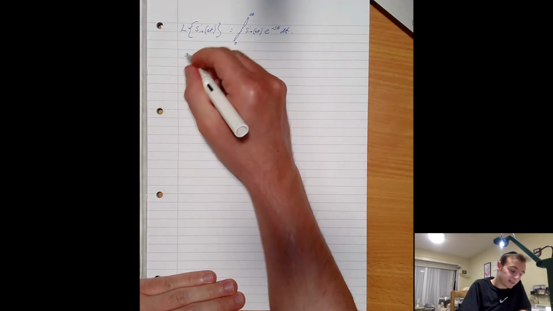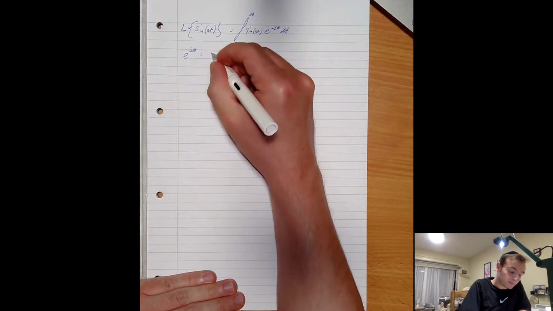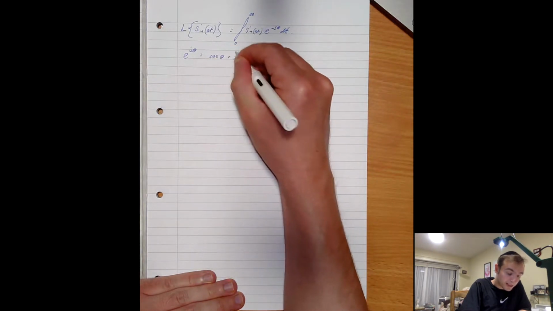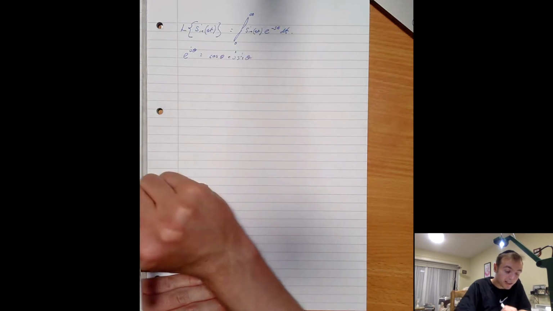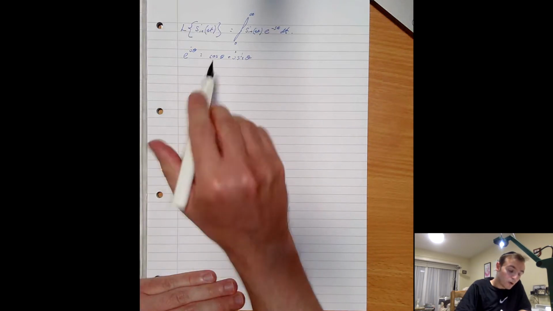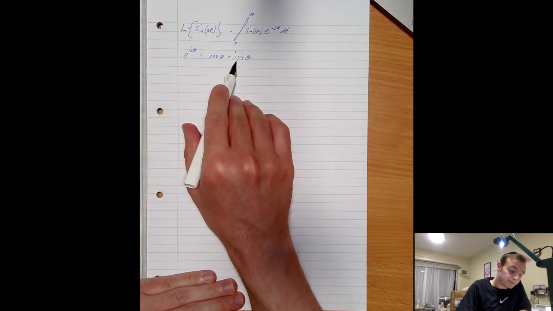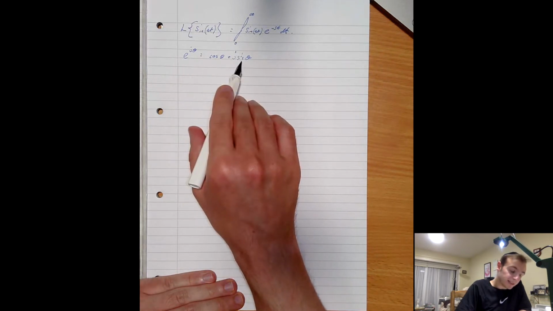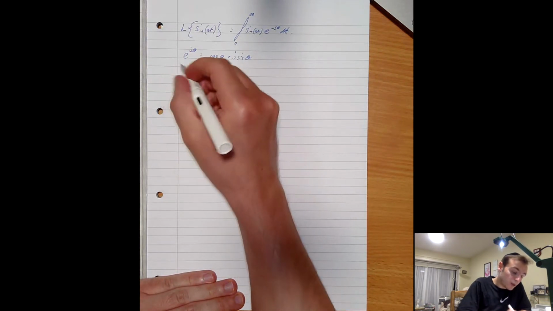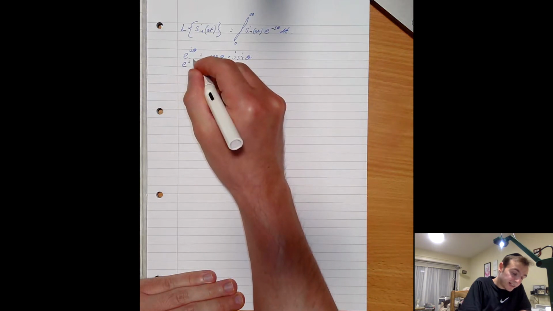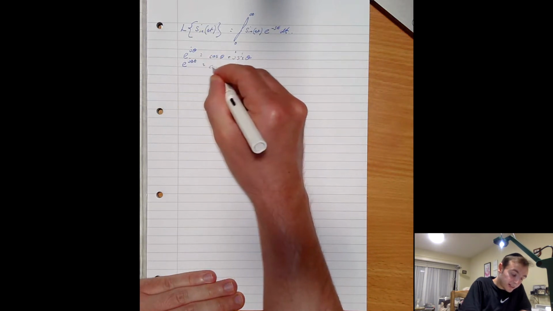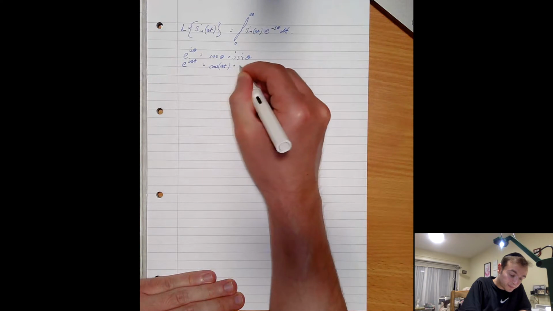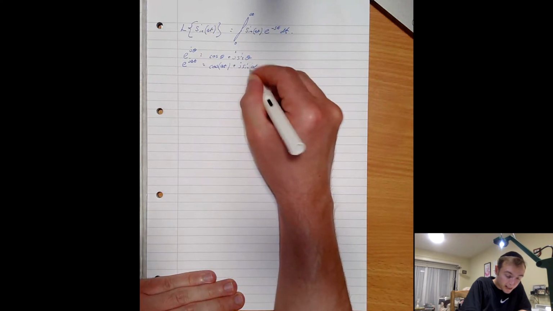So if we said e to the j theta equals cosine theta plus j sine theta, that's real, that's imaginary. We can say that e to the j at equals cosine at plus j sine at.